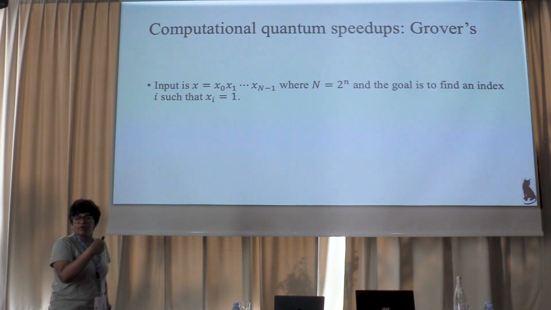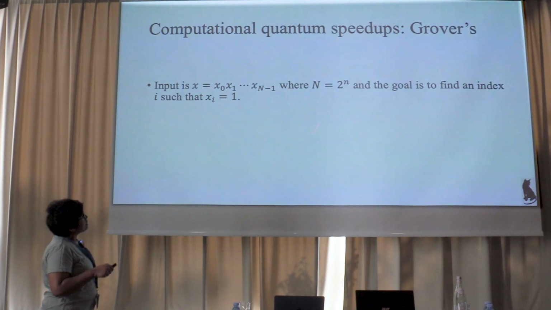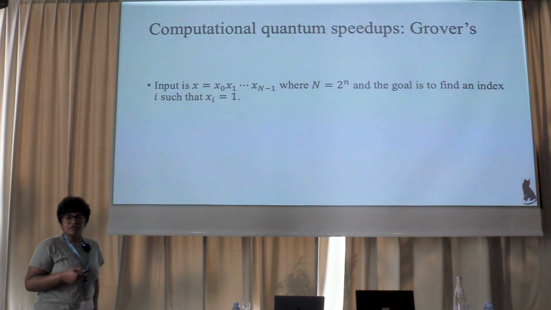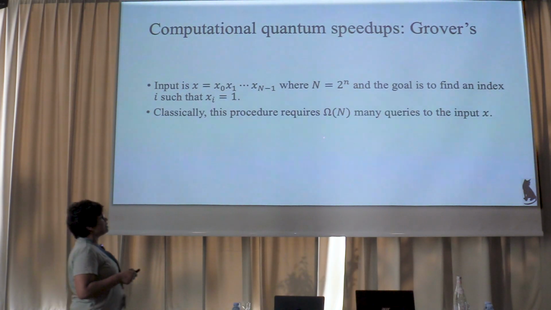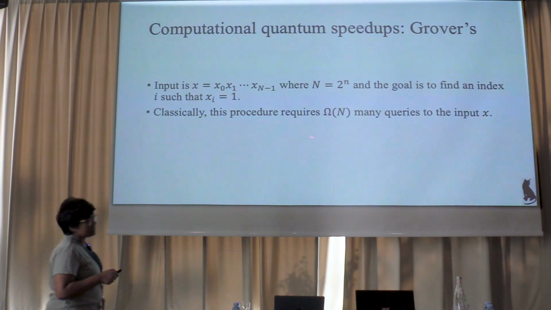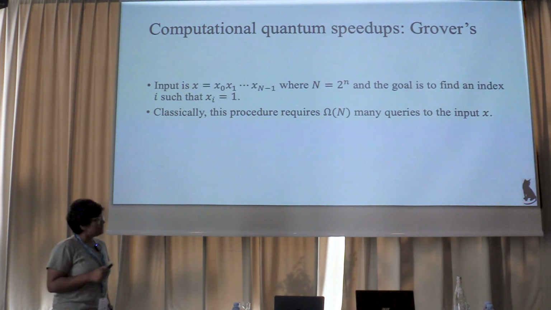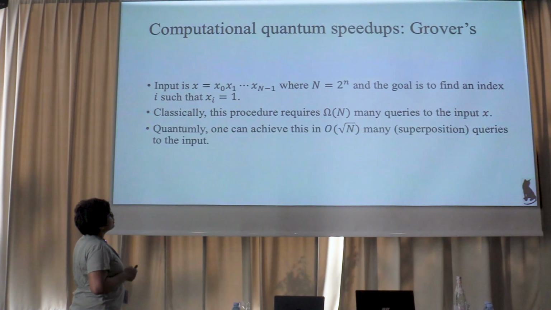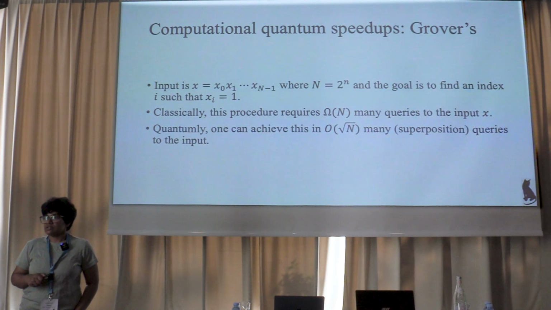Remember this OR problem that we wanted to solve classically. That is exactly what Grover's algorithm is also going to solve. But classically, I did not give you a proof, but it will require omega n queries. I haven't discussed the proof, but just believe me. But quantumly, you can use Grover's algorithm and do it in square root n many queries.